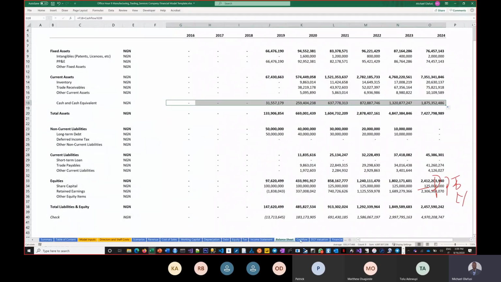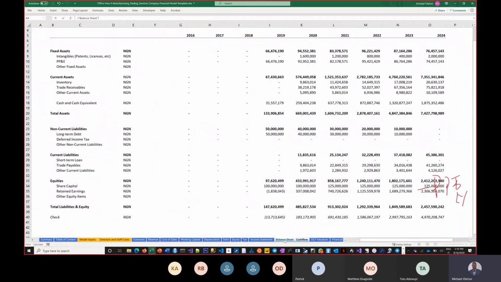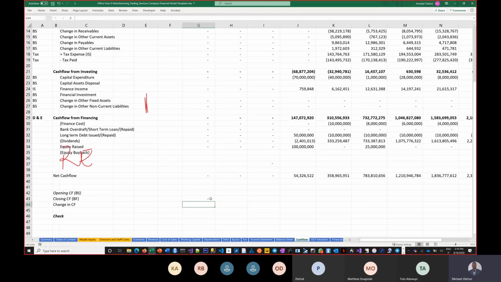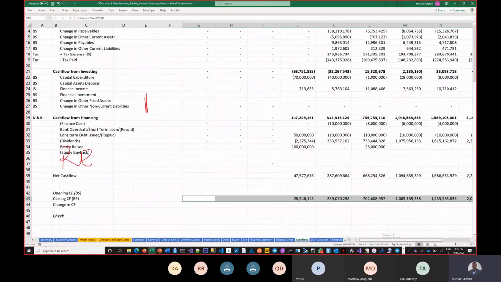Okay, did I choose the right line? So opening cash, let's start with the closing cash. Closing cash will come from the balance sheet. So closing cash from the balance sheet, you take it, you drag it all the way to the right, and then opening is equal to last year's closing.